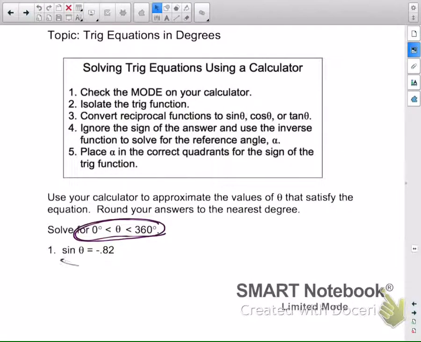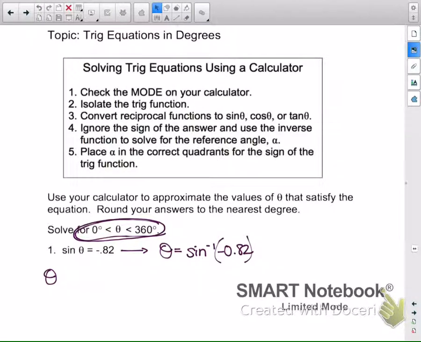If I would like to solve this equation in question 1, what exactly are we solving for there? The angle, theta. How do we solve for an angle in our calculator? Inverse. So in my calculator, once I'm sure I'm in degree mode, I am going to do the inverse sine of negative 0.82.